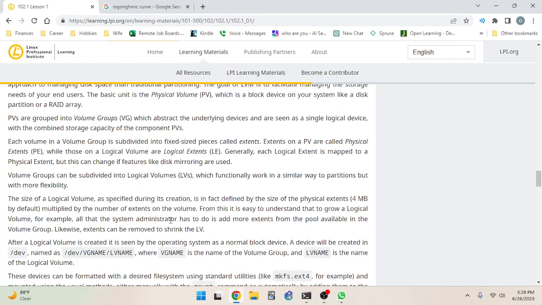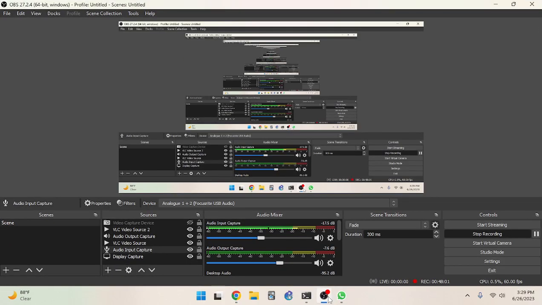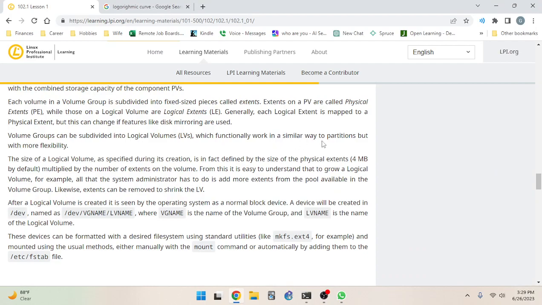Volume groups can be subdivided into logical volumes, LVs, which functionally work in a similar way to partitions, but with more flexibility. So you can have a volume group, and you can subdivide that into a logical volume, which is kind of like a partition, but it has more flexibility.